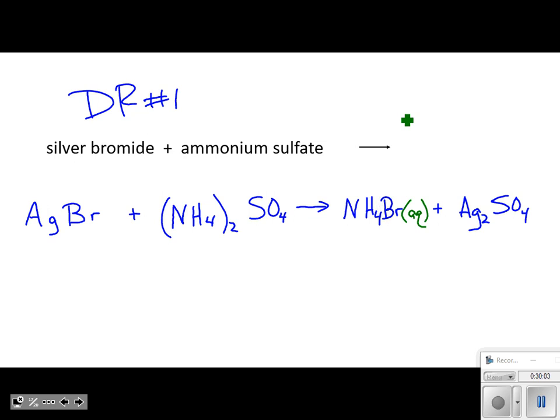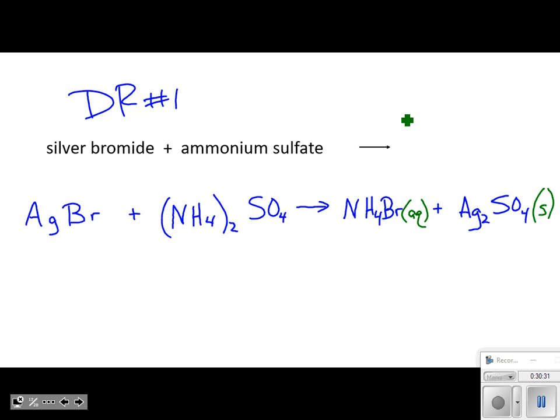What's an SS on our solubility chart? Slightly soluble. If something is slightly soluble, it's very much insoluble. So when we see that SS, we're going to think of that as an I. So we're going to mark that a solid.